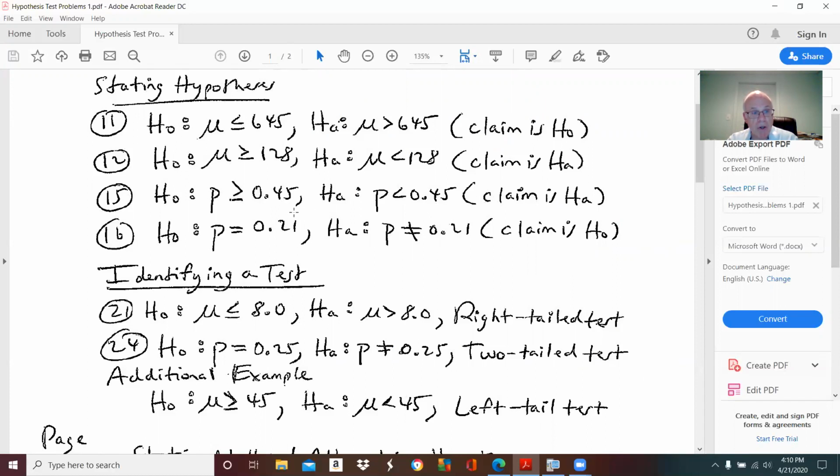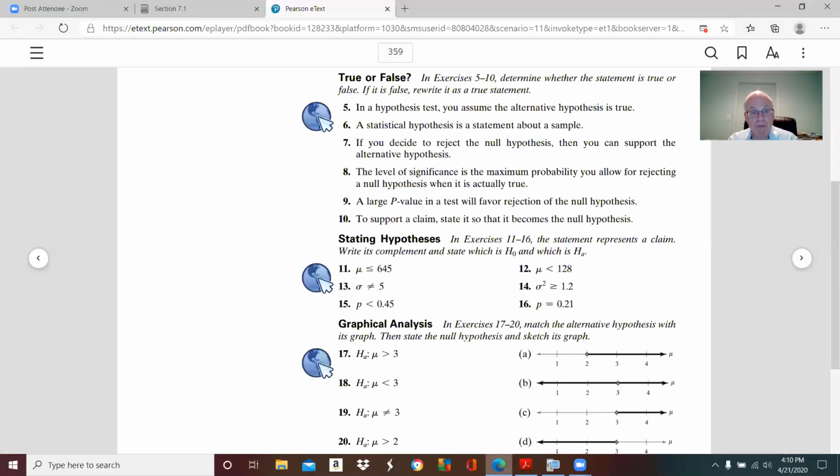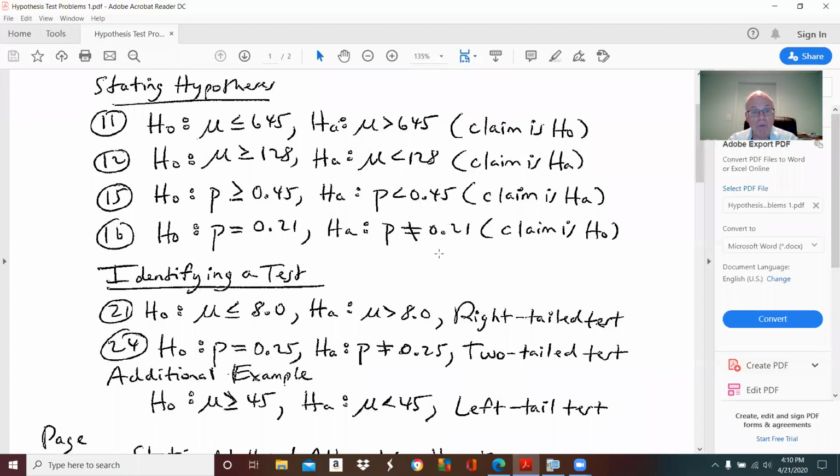That means the null must be P greater than or equal to 0.45. And finally, the last one says P is equal to 0.21. Well, that obviously, equal to is the null. Its complement must be not equal to. That's the alternative. So in this case, the claim is the null hypothesis.